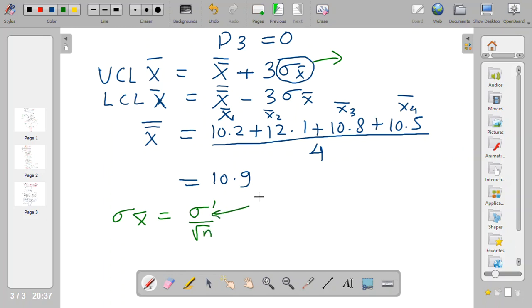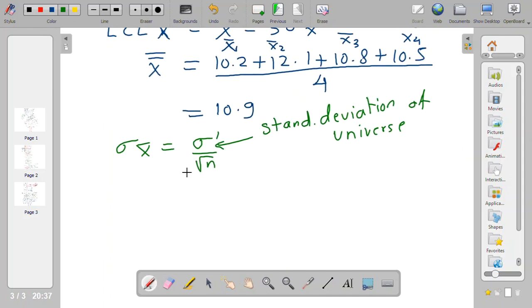It is the standard deviation of the universe. How will we find it? Sigma bar equals R bar divided by small d2.